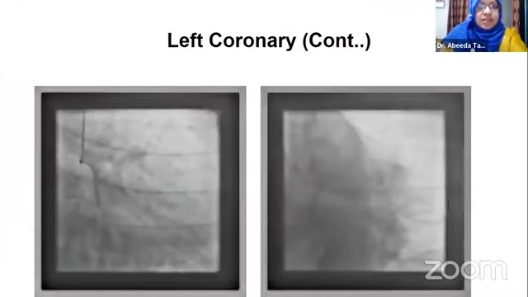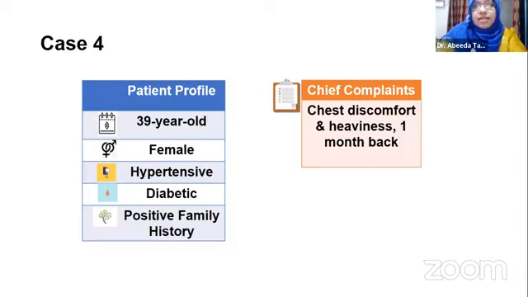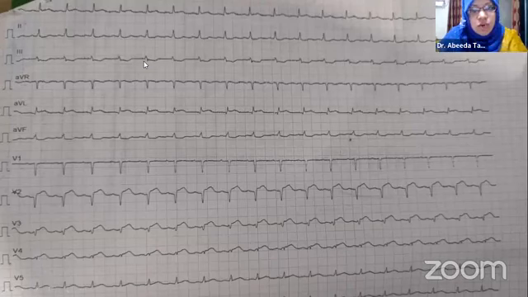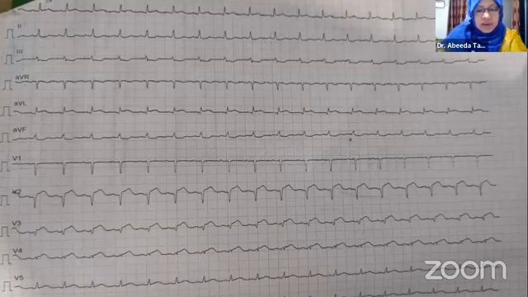So, sir, our next case is a 39-year-old lady. She was hypertensive, diabetic with a positive family history, and presented with chest discomfort and heaviness 1 month back. This is the ECG from when she initially presented 1 month back. In this ECG, I'd like to ask someone to comment.